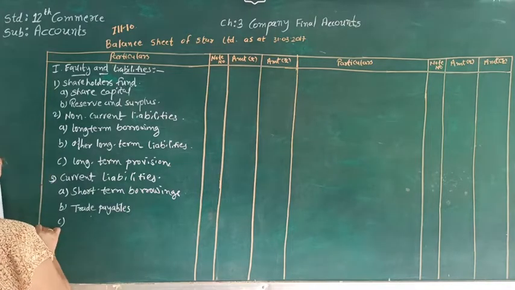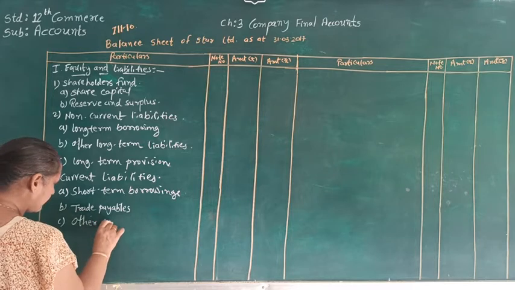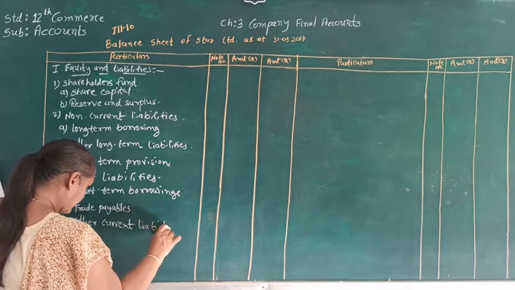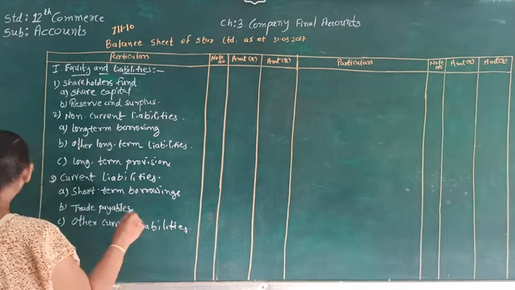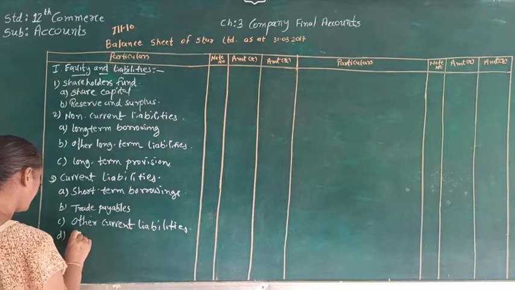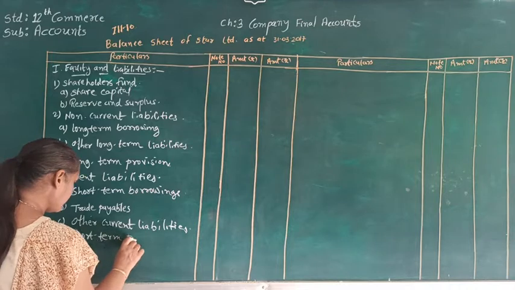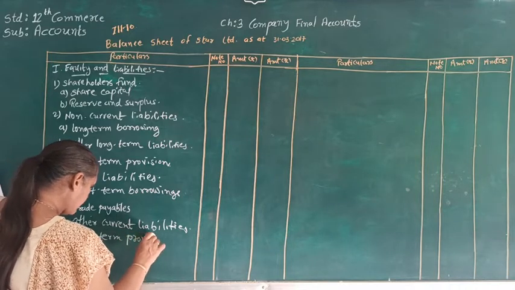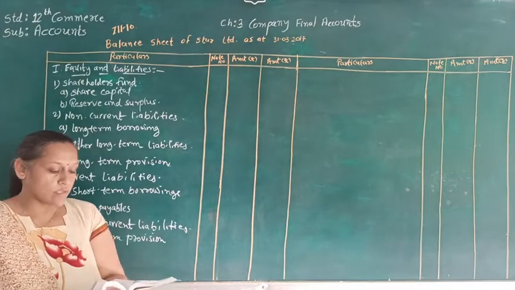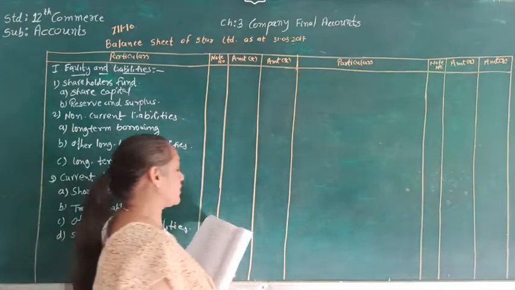And the third one is other current liability. And the fourth one is short-term provision. So this is the equity and liability side of the balance sheet. Now let's write the asset side of the balance sheet.